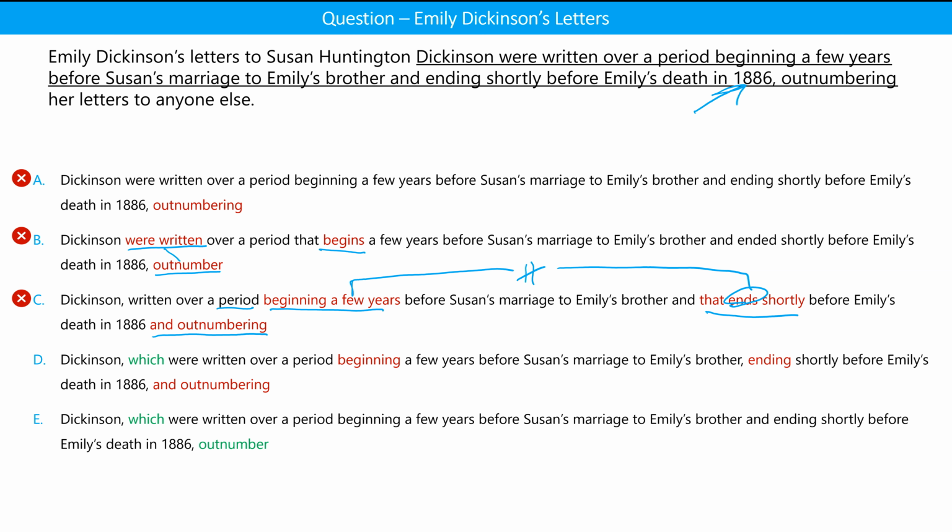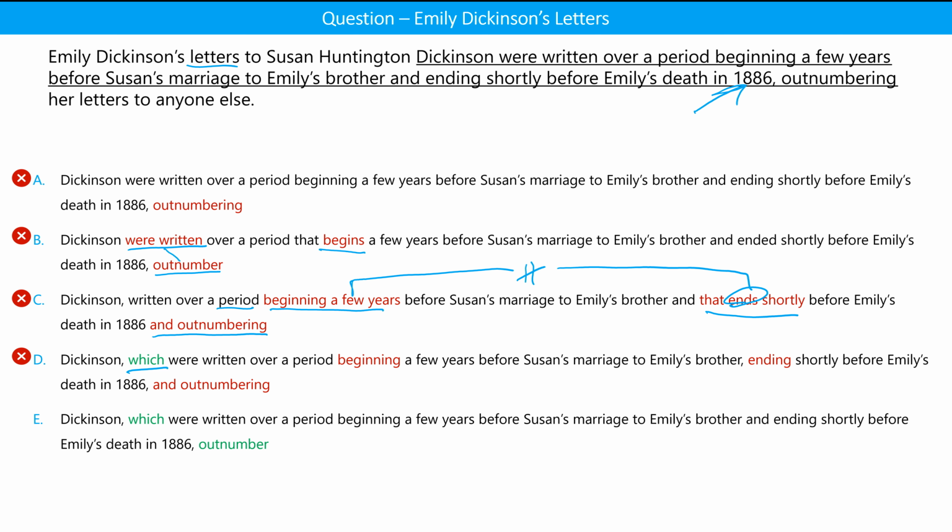Now moving on to choice D, we notice right away that now we have this noun modifier which sitting here. And I want to make sure that you understand that though we do have other errors in choice D, which is indeed correct here, it can actually modify the letters. It's a slightly far away noun modification.